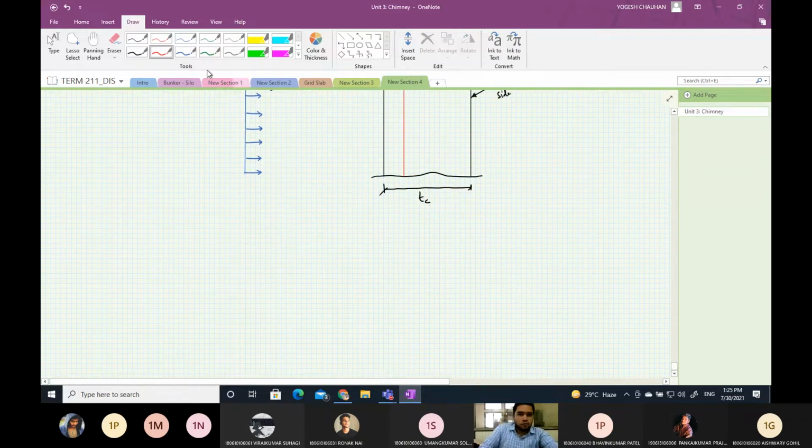Now we draw the stress diagram due to combined wind and self weight. Here the only stress we have is that corresponding to the reinforcement, which will be sigma s1.